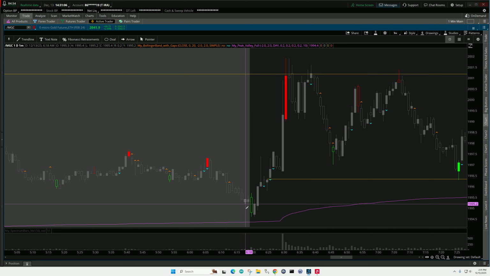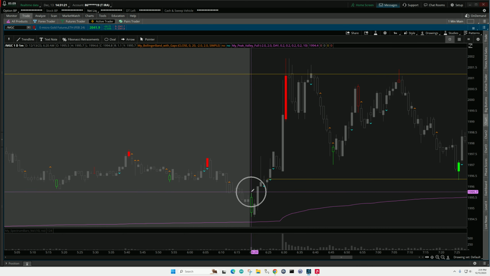So this is a bullish signal candle. I like to wait for a confirmation, so I like to see price holding this level or going above the candle.